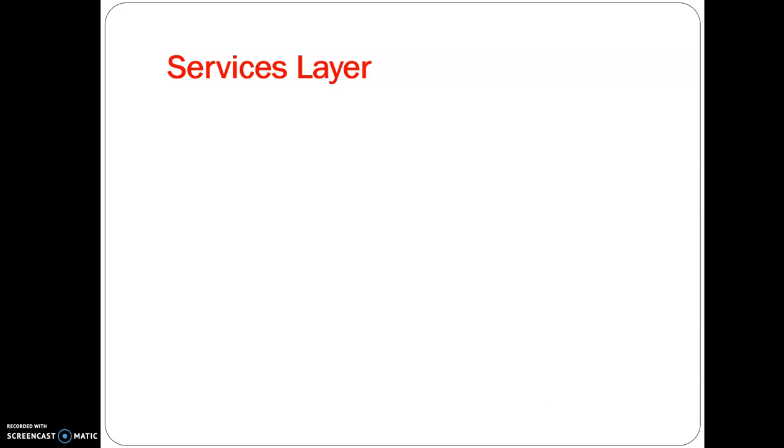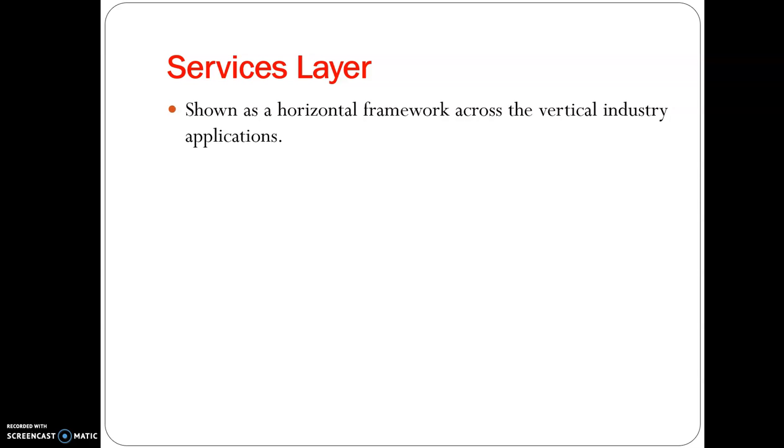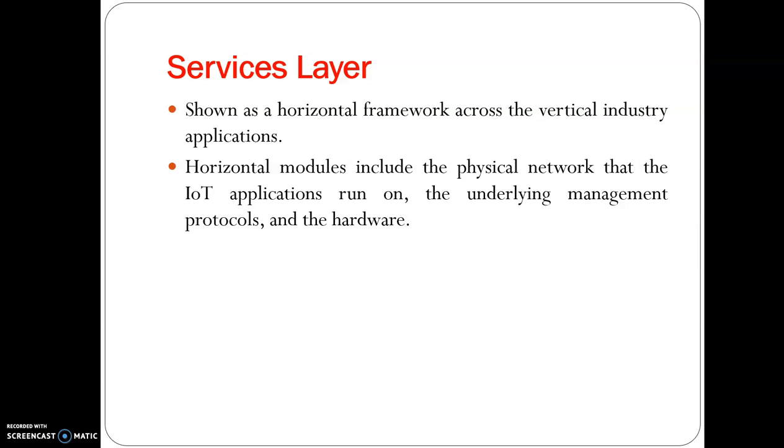The next one is the service layer. This layer is shown as the horizontal framework across the vertical industry applications. At this layer, the horizontal modules include the physical network that the IoT application runs on, the underlying management protocols and the hardware.